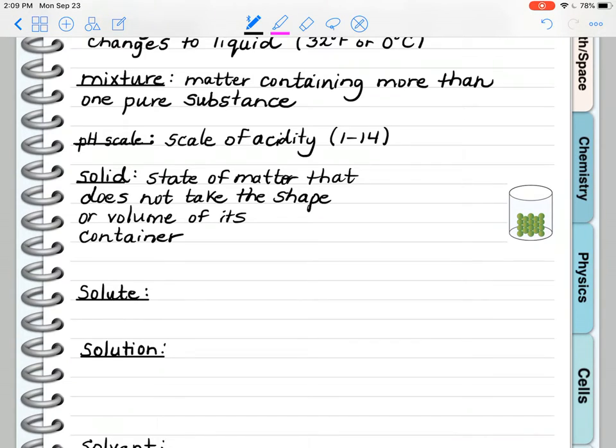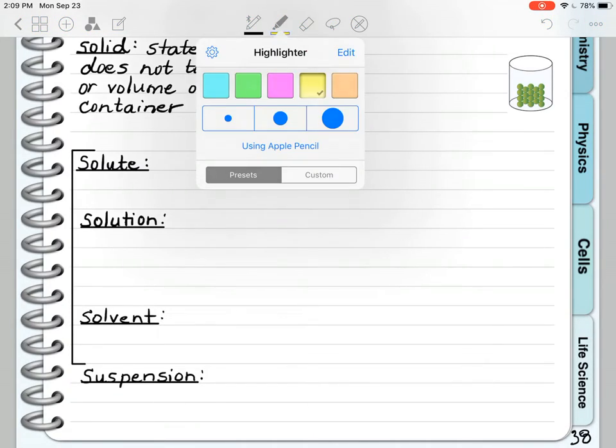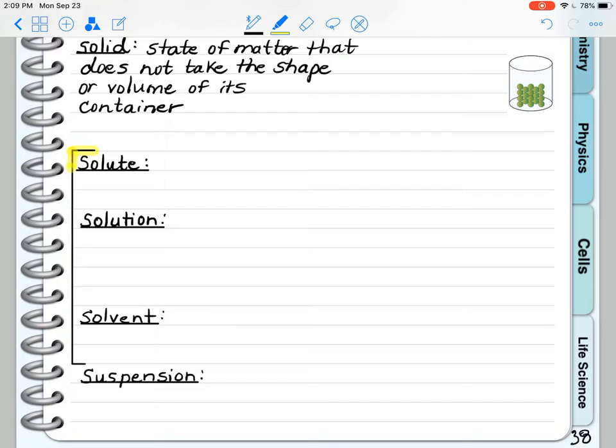Okay, for the next three, I'm going to go ahead and mark those. These three go together. So I'm even going to highlight that just so you get the idea here. These three terms go together.